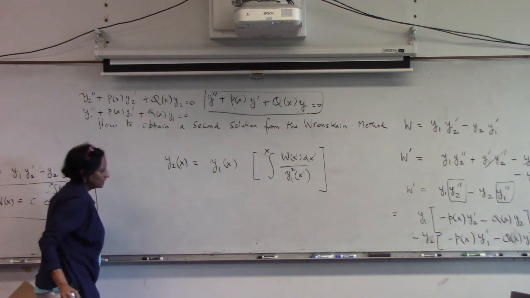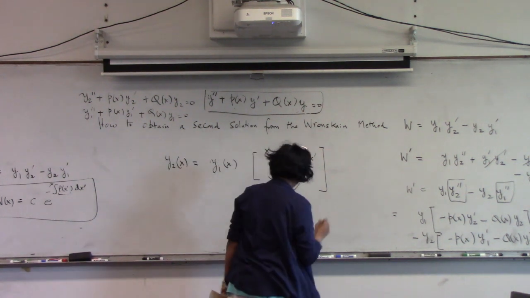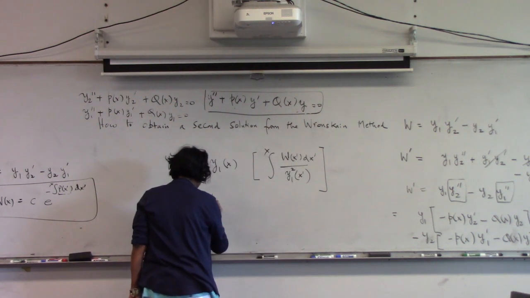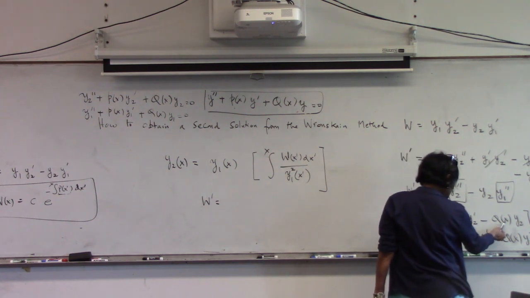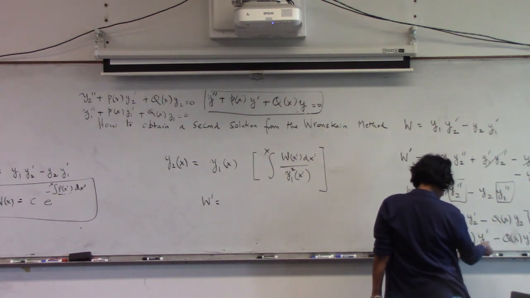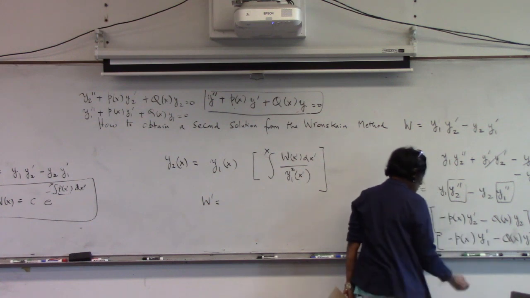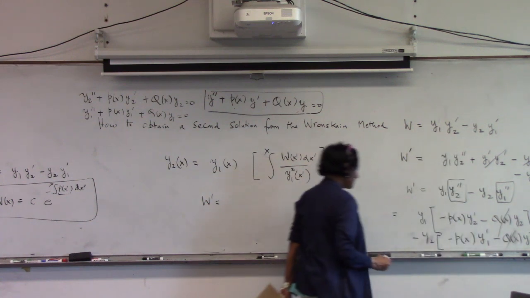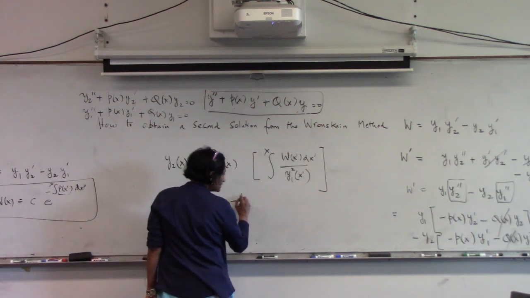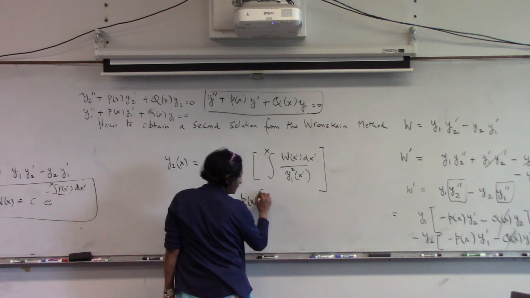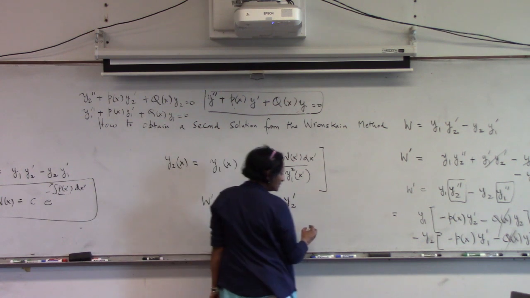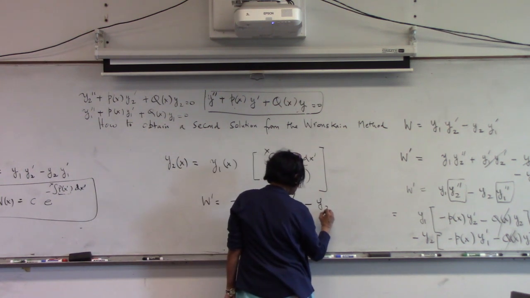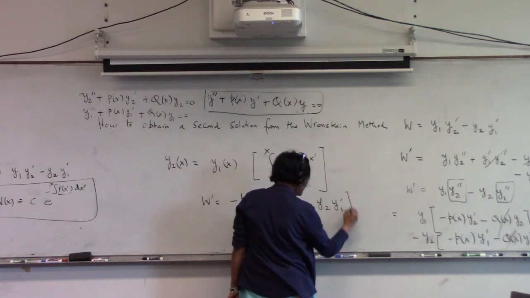Okay. All right, what do we see now? The first derivative of the Wronskian has a term minus q(x) y1 y2 and a term plus q(x) y1 y2, so these terms will cancel. So I'm left with minus p(x) times y1 y2 prime minus y2 y1 prime.